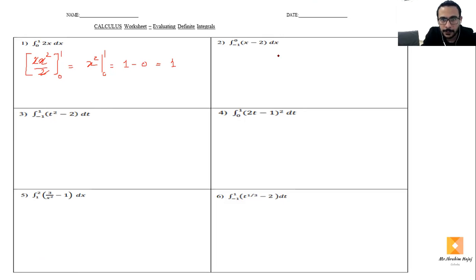From negative 1 to 0, x minus 2 dx. First we find the integral of x minus 2, which is x squared over 2 minus 2x, from negative 1 to 0.